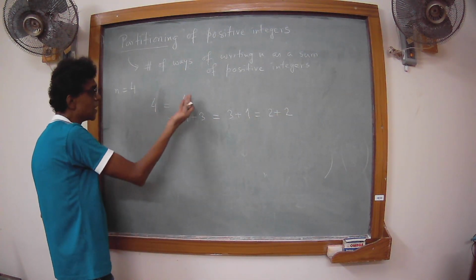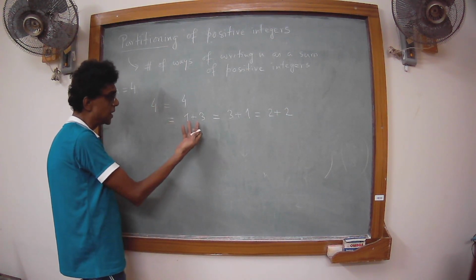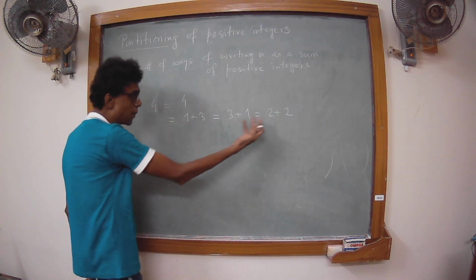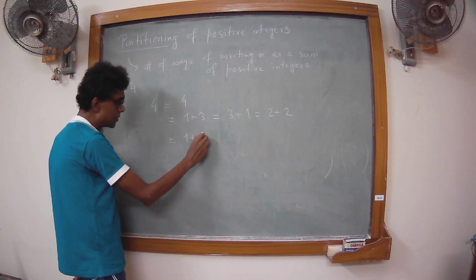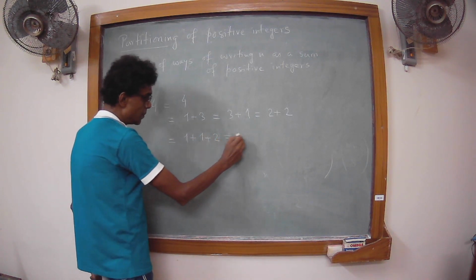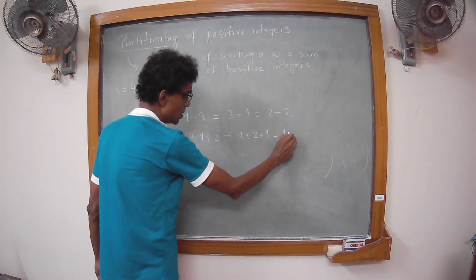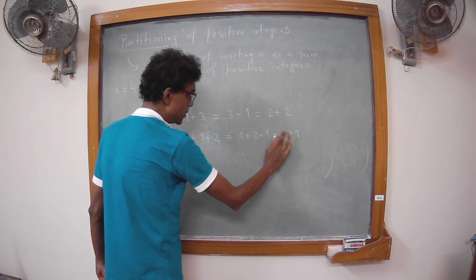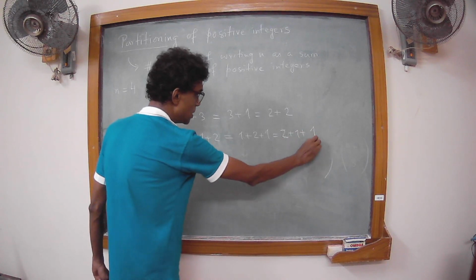So, 4 written as a sum of only one summand, and 4 written as a sum of two summands. Then we also have 4 written as 2 plus 1 plus 1, and so on.